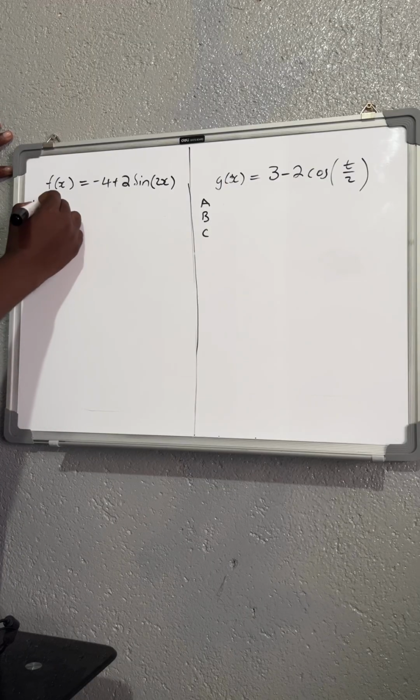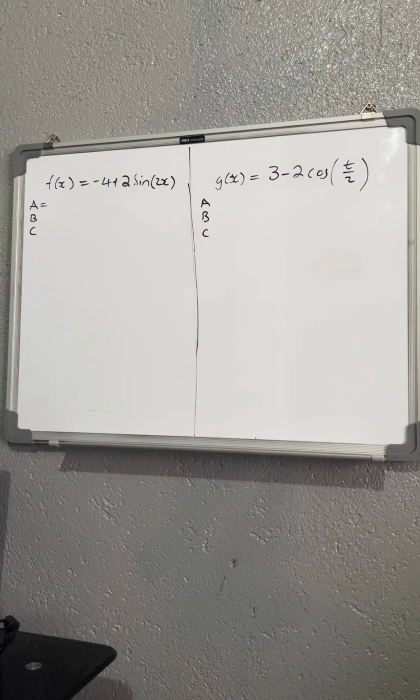We said our A is our amplitude, but one thing to note is that our A will always be positive, because it's a measure of distance, specifically how far the graph goes from the middle line to the peak.